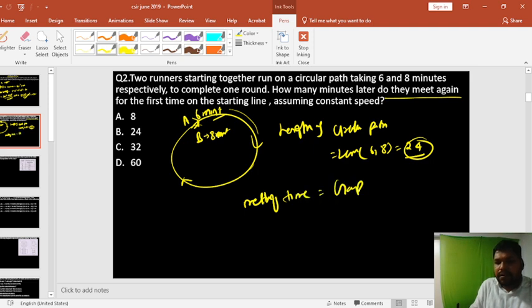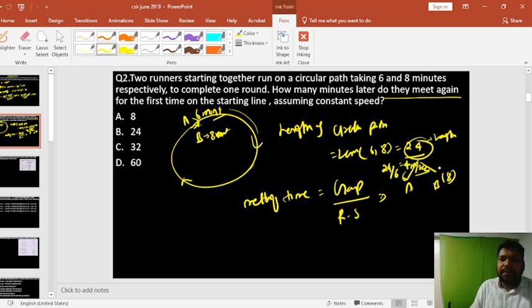Meeting time is nothing but gap divided by relative speed. Now, what will their relative speed be? See, 24 is the length here, and A is taking 6 minutes and B is taking 8 minutes. If you divide 24 by 6, it means 4, so A's speed is 4 meters per second.